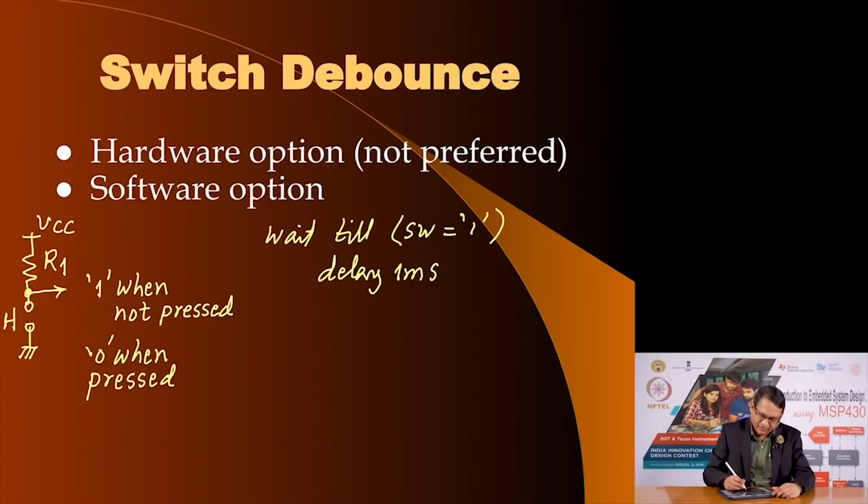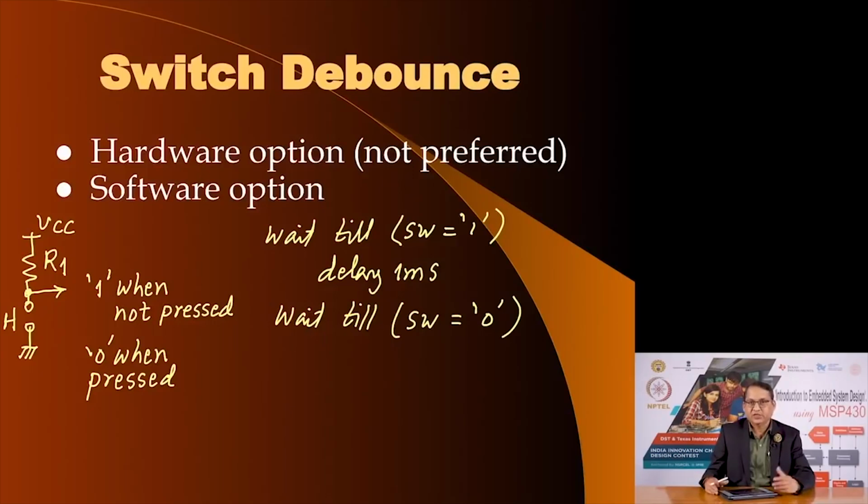So, you are going to wait for the switch to be released. So, wait till switch is equal to logic 0, and once you find that the switch has been released, you will get a logic 1 again, but it will bounce. So, you are going to delay for again 1 millisecond.